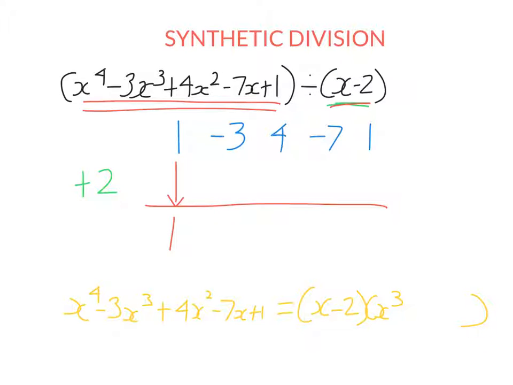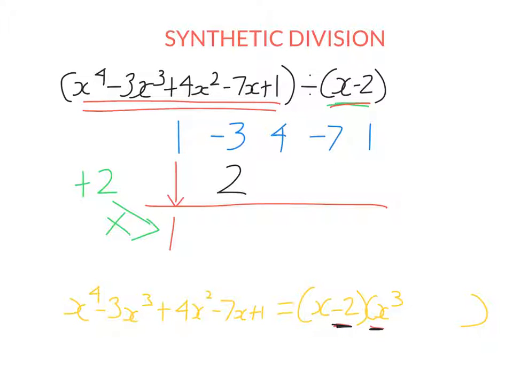When I do the expansion, I'm going to end up multiplying minus 2 by x cubed. So as my next step I'm going to times positive 2 by 1, and that gives me positive 2. So I'm going to write my positive 2 here. Note that's sort of the negative of what's going to happen when I multiply minus 2 by x cubed.